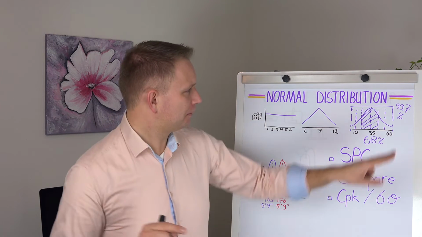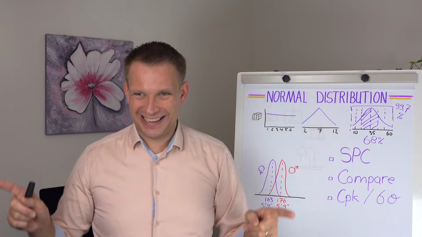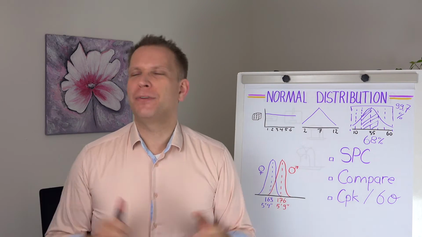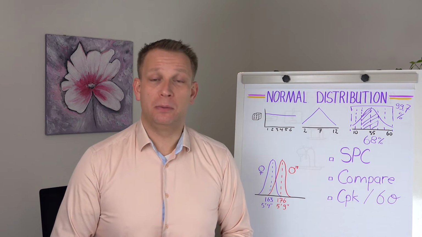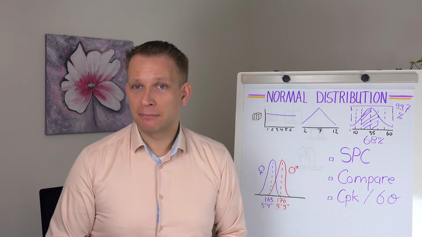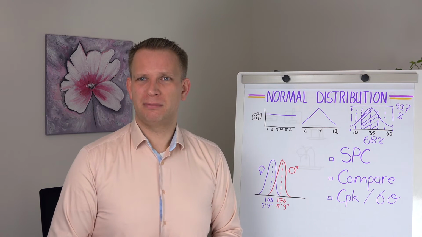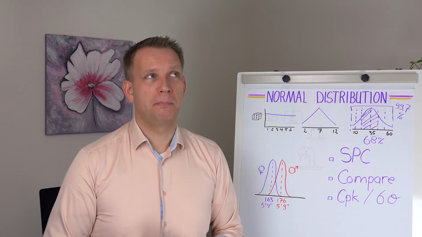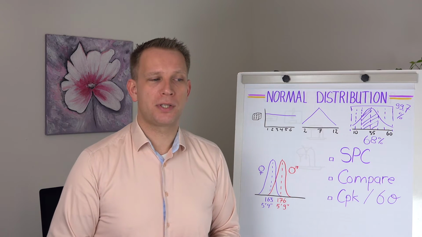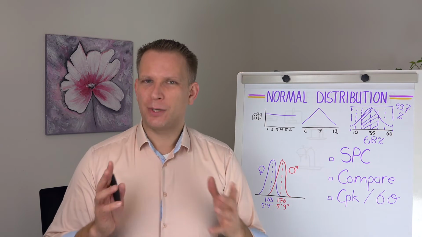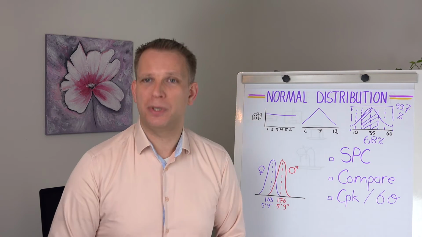That is 99.7% of our products will fall in that. So if you hit a 196 or 197 once every day or a couple of days, that's sort of normal, right? If you make about 300 products, you would expect one of them to come up at 196, 197, right?